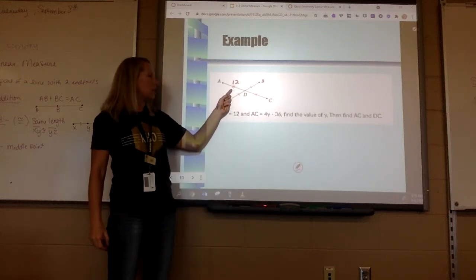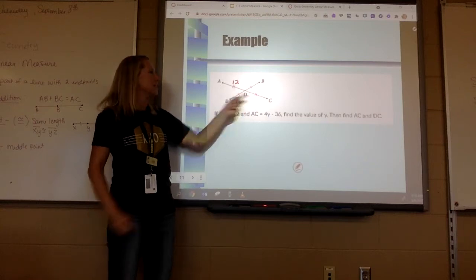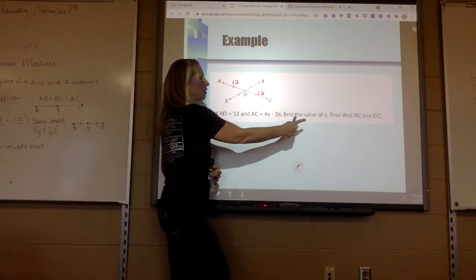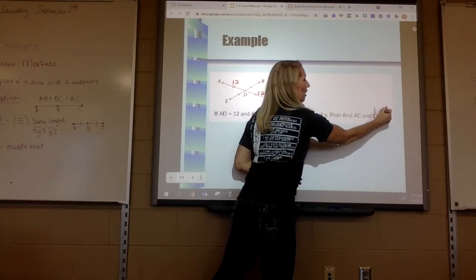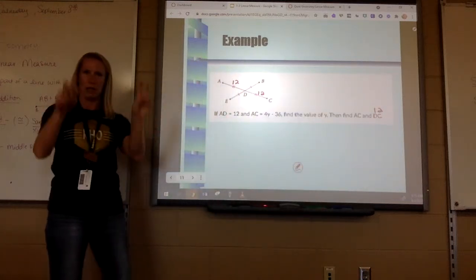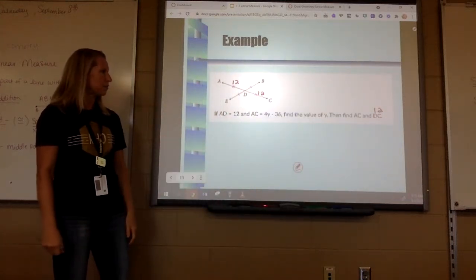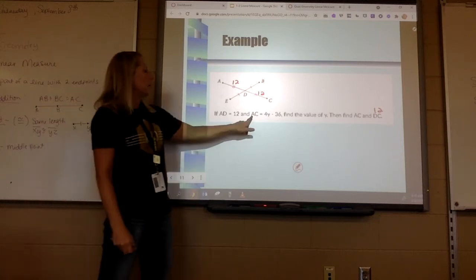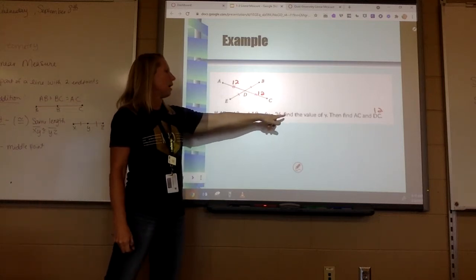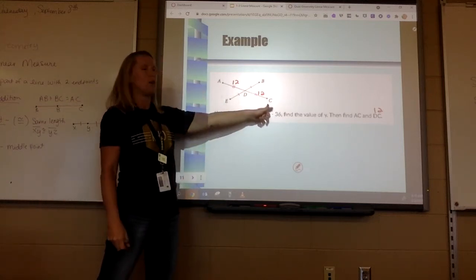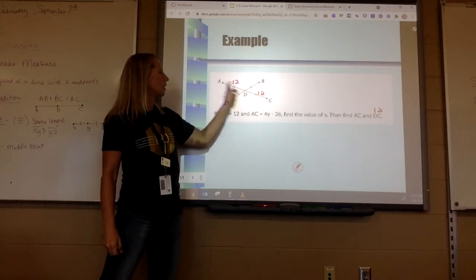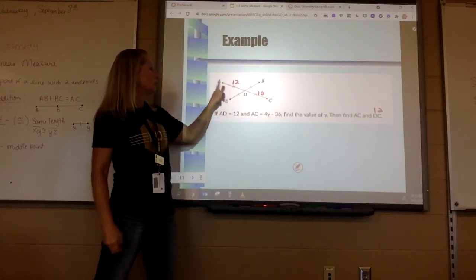Do you see another one that would be 12? DC. DC, yeah. So it also says find DC. I already know it. It's 12 because it has 2 slashes. They both have 2 slashes. So that's 24. But it also tells me I have to find Y and the whole length. Oh, hey, I already know the whole length AC. What is that whole length? 24.